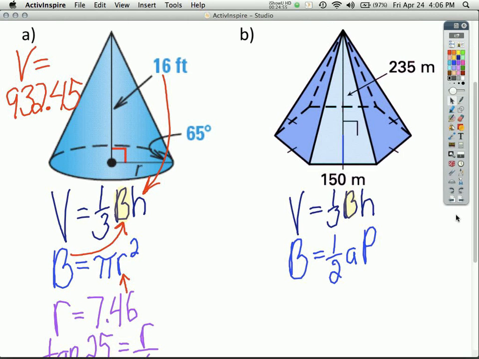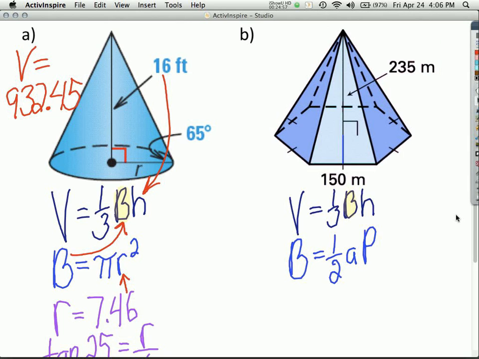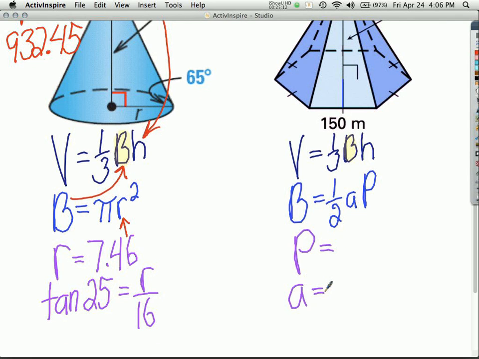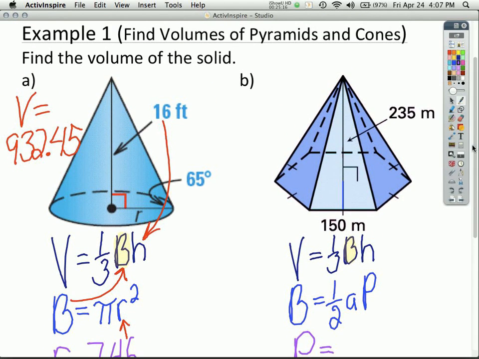So we need that distance. So you go ahead and find the perimeter, you go ahead and find the apothem, and then trickle on back. We need the perimeter, and we need the apothem, and then we got to filter our way back. I'll draw in some hints for finding those, and you take a minute.